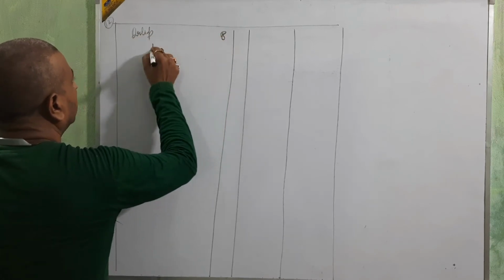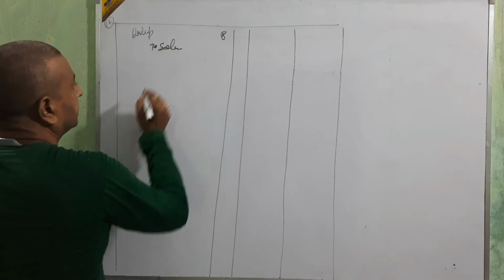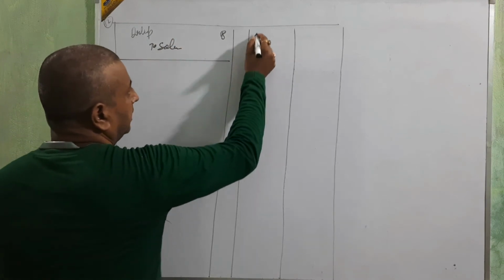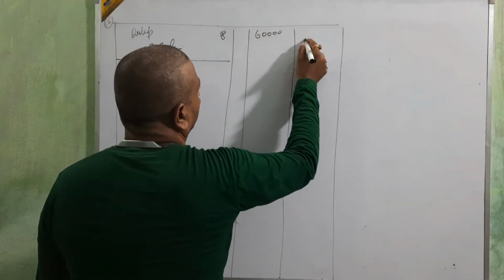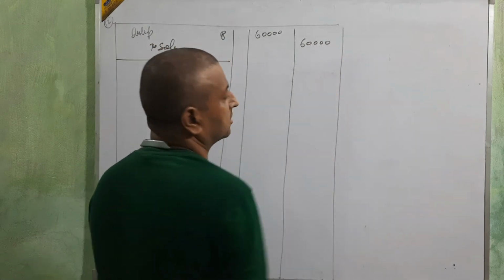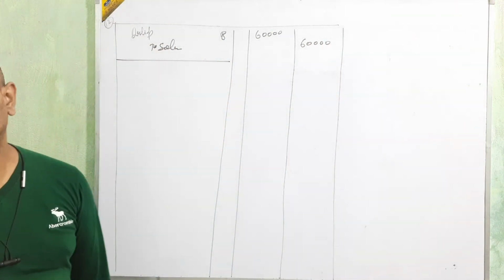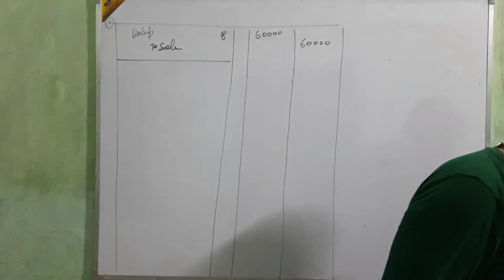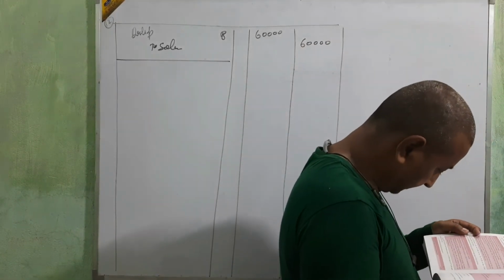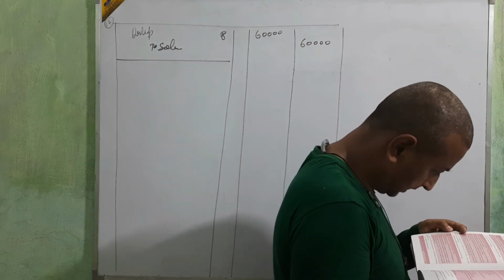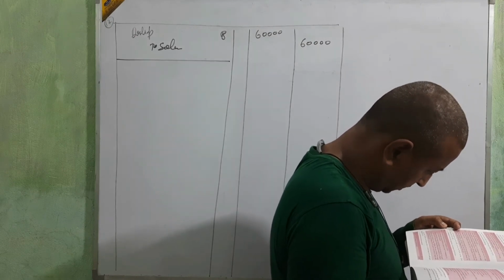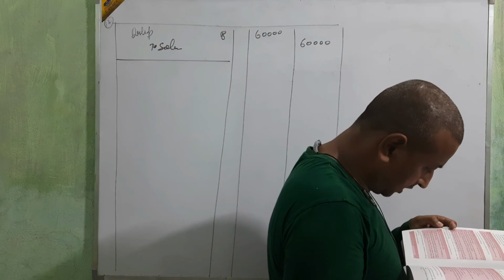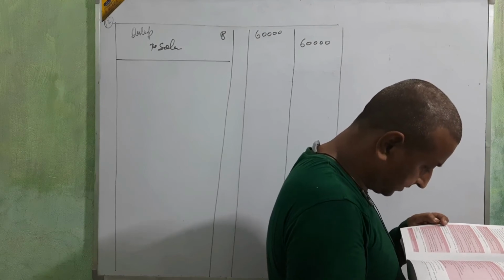Dilip debit, to sales, 60,000 only. No need to write the discount, because it's a trade discount.